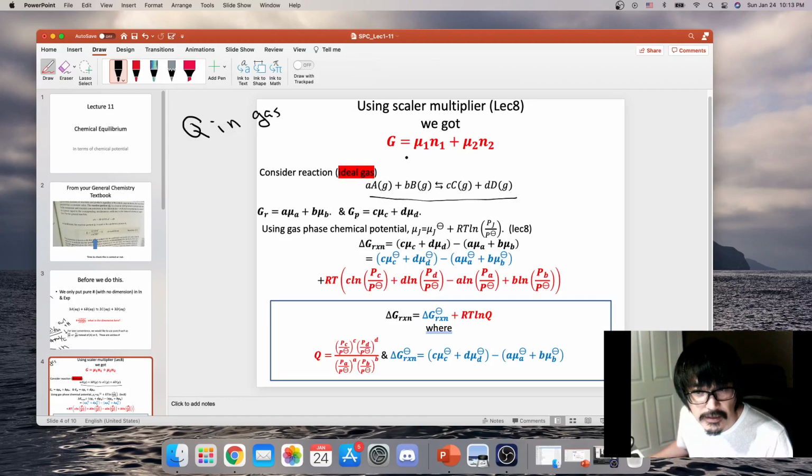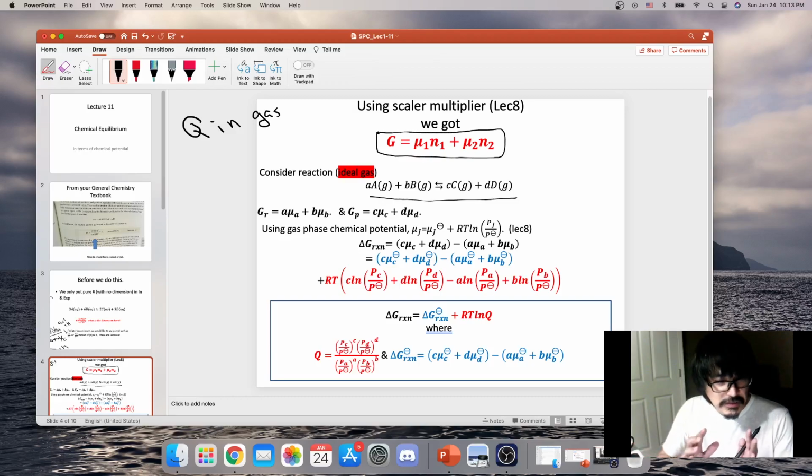If you recall from lecture 8, we used this scalar multiplier. So G, this is not the difference, the Gibbs free energy is equal to the chemical potential multiplied by the number of moles of that. And if you have two different chemicals, then you have the chemical potential of the second species multiplied by the number of moles of the second species.